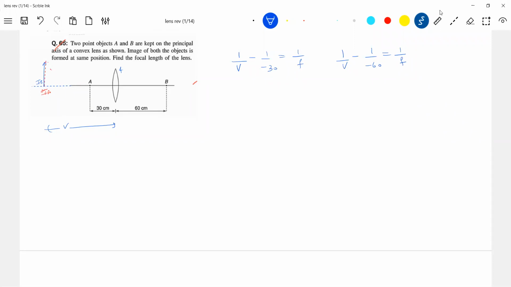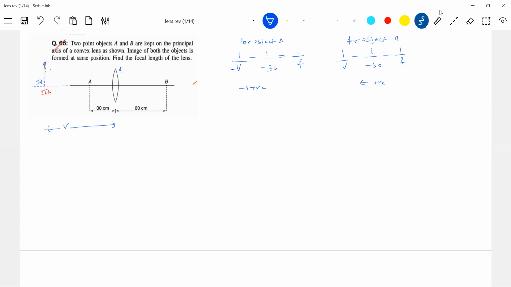Let's look at the symbols. Is there any problem with the symbols? In the first case, for the object distance there should be the negative sign. Am I right? For object A, towards the right is positive. For object B, towards the left will be positive.